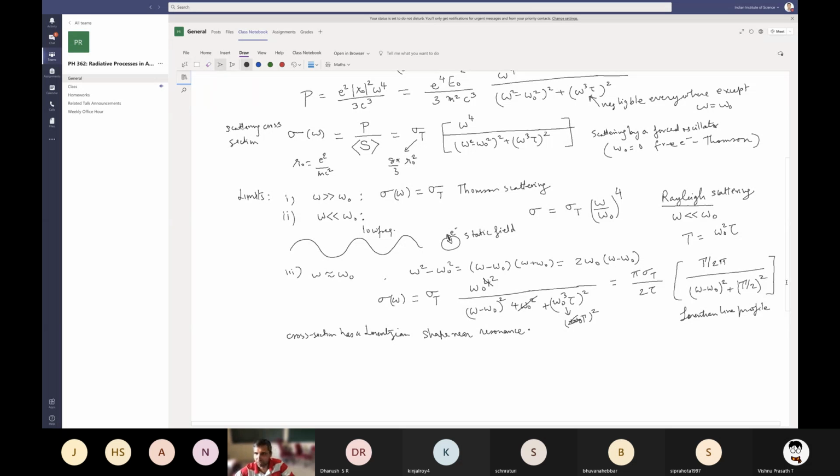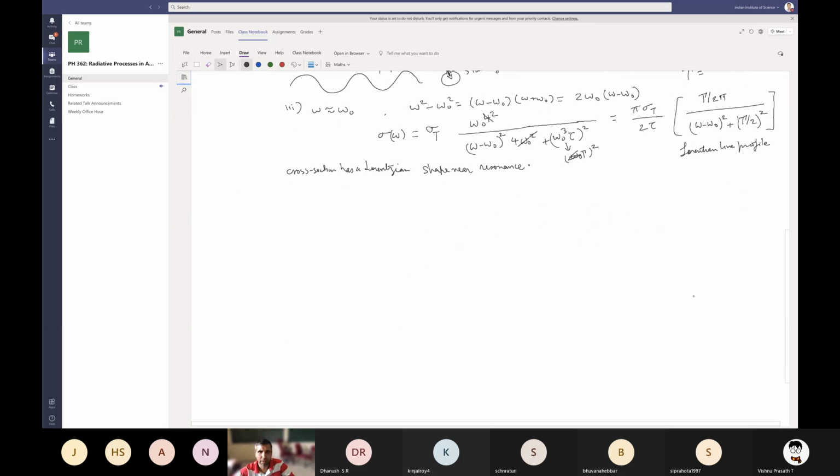So this is your sigma omega. Again, this is Lorentzian, so it is normalized: this function phi omega d omega, if you integrate, should give you 1. Okay. So what about sigma?